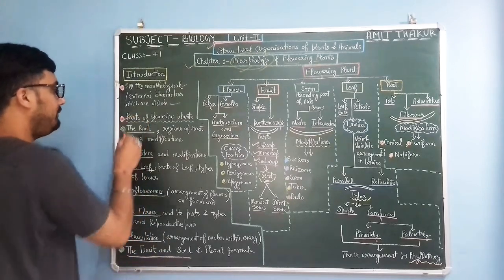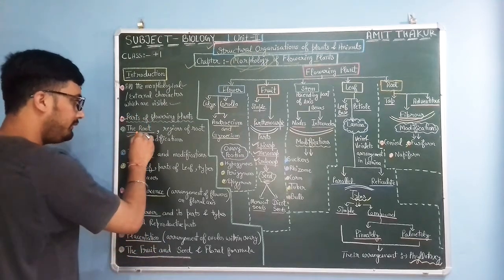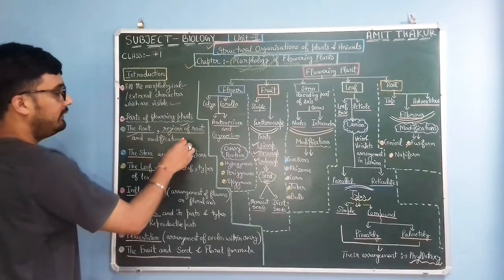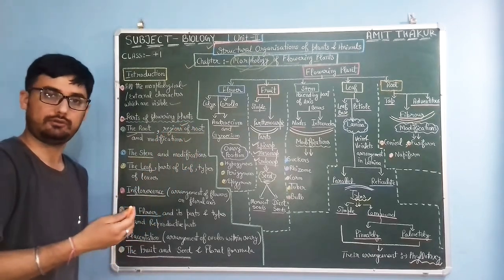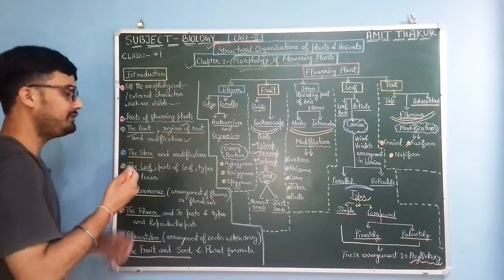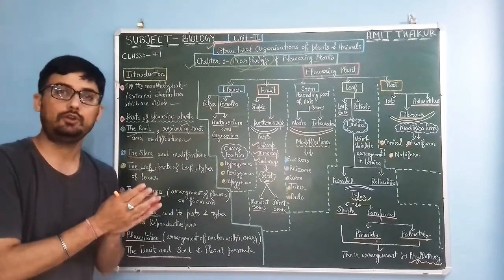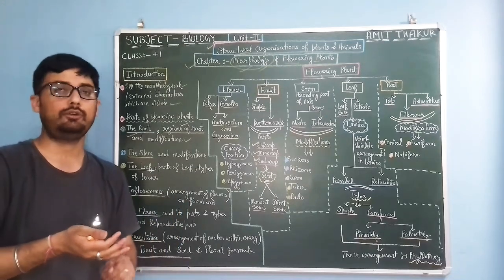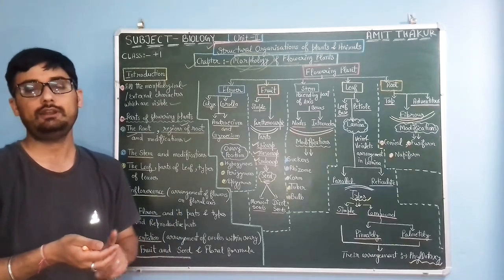In this chapter we would discuss the root, the regions of root, and the modifications of root. Modifications are for different purposes, to perform different functions. There are modifications of roots, modifications of stems, modification of leaves.